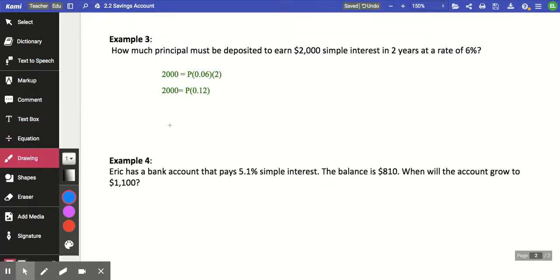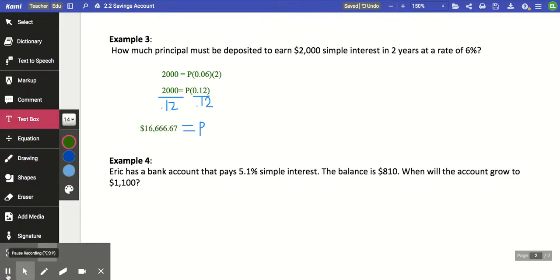So I can actually divide by 12%, and that will calculate how much principal I needed to start with to be able to earn $2,000 in 2 years at this interest rate, which in this case would be $16,666.67.